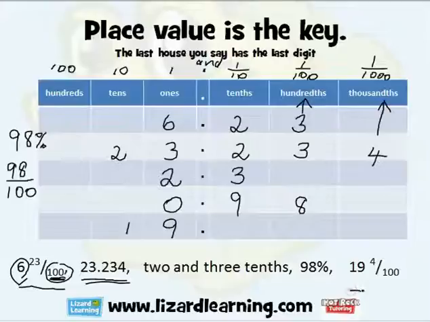Okay, next one is 19 and 4 hundredths. So we've got 4 hundredths. Let's go to the column. Must put it in the hundredths column because it tells us to. It grabs you around the throat and says, this is hundredths. You understand? Put the last digit in the hundredths column.